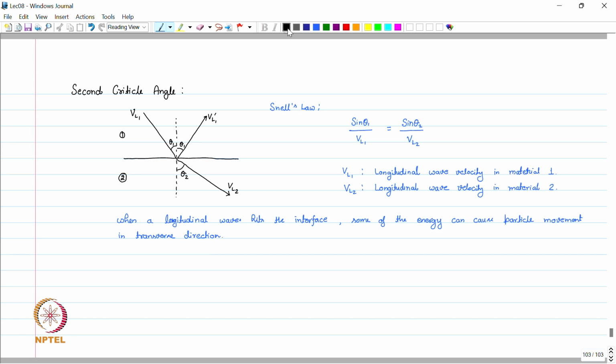It means we have an interface, let us say this is the interface, this is material 1, this is material 2, and the wave is hitting at this point, which is a longitudinal wave VL1 at angle theta 1.